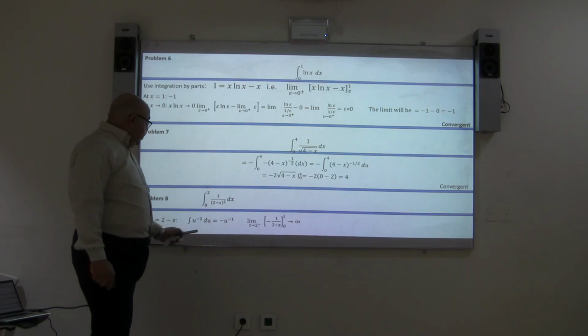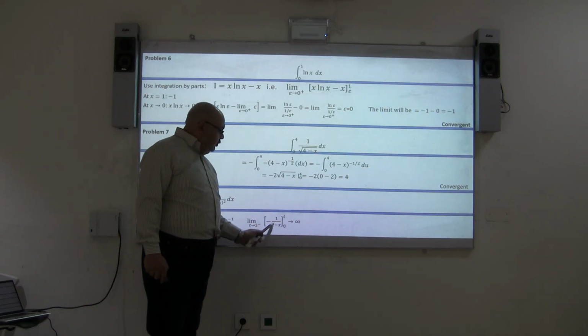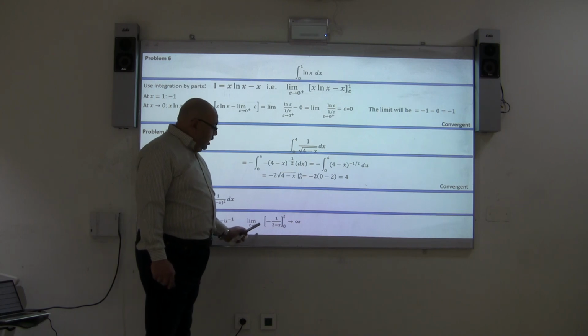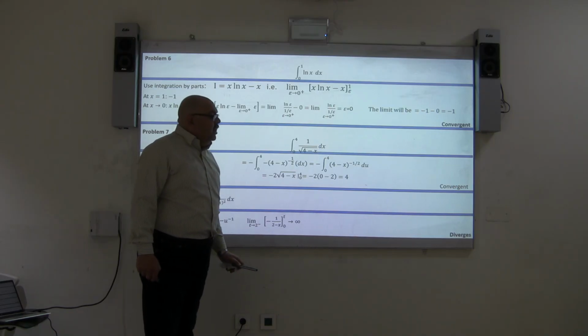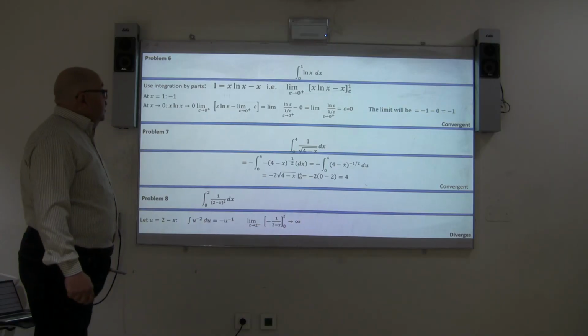I've replaced u once more by 2 minus x, so I'm dealing with -1 over 2 minus x from 0 to t. If you substitute by 2, or as t tends to 2, then your value is going to be undefined, and in this case, it's going to be a divergent integration, or your integration is divergent.